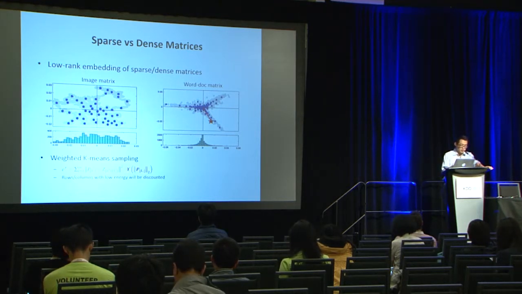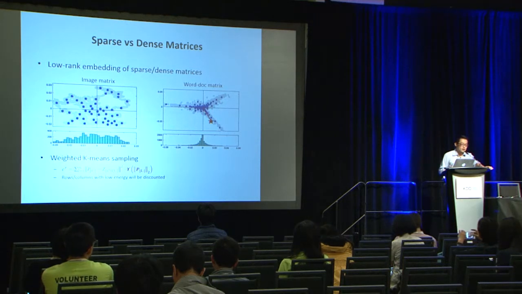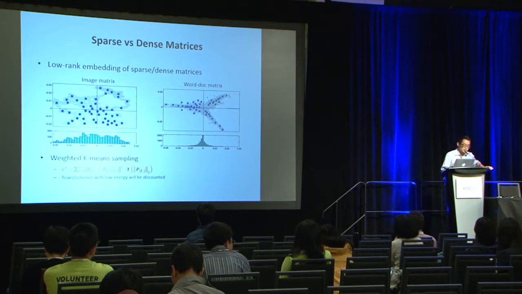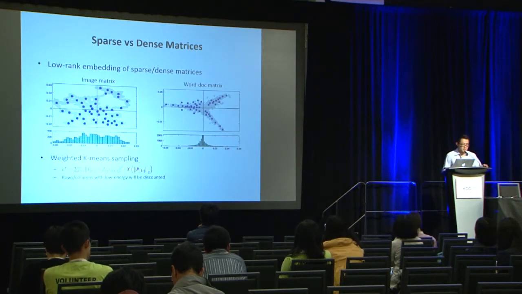And in order to correct this, we propose a weighted k-means sampling. The idea is very simple. Each point is no longer uniformly weighted. The weighting is chosen as the norm of this point subject to a linear or nonlinear function. By doing this, you can see that the k-means clustering centers are pushed apart from the origin.